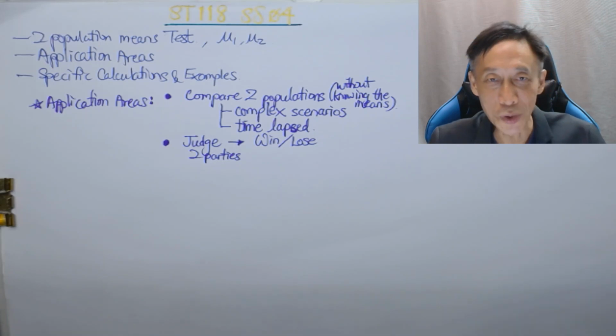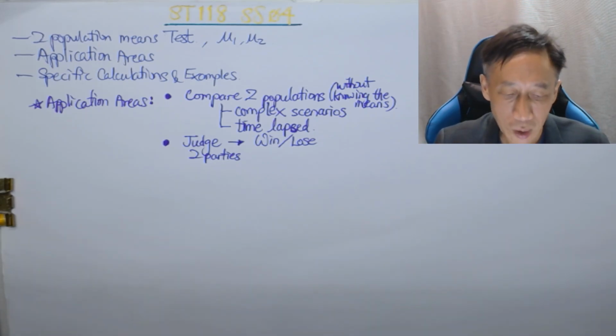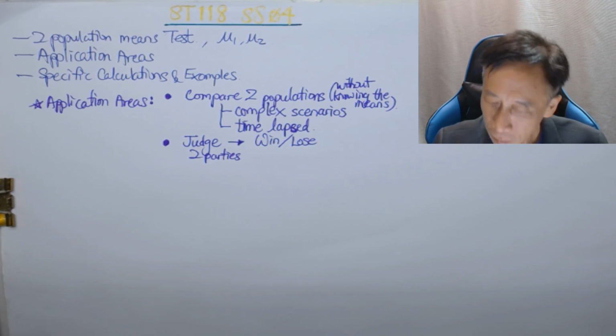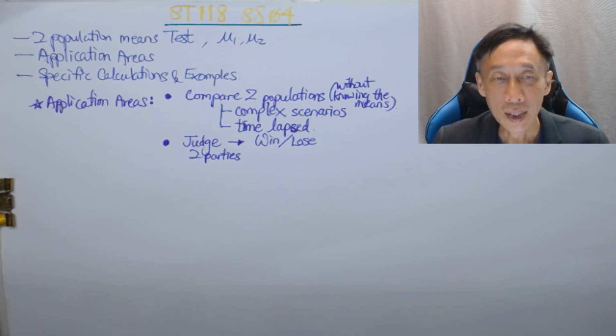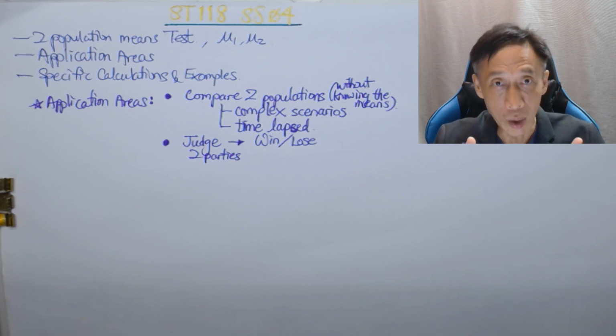Which one wins, which one loses? So you have two things, two groups, right? Two competitors, two sets of suppliers, right? And they will compete, right? They will deliver the agreed upon measure. That's the number we are going to measure.